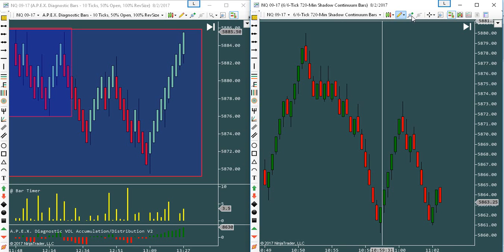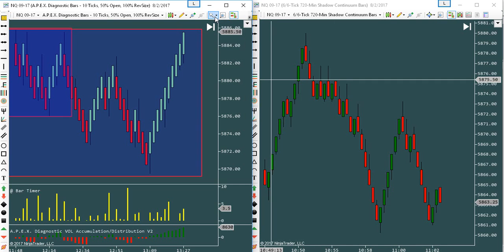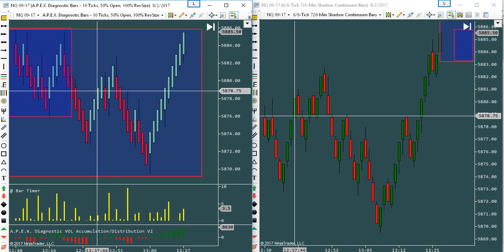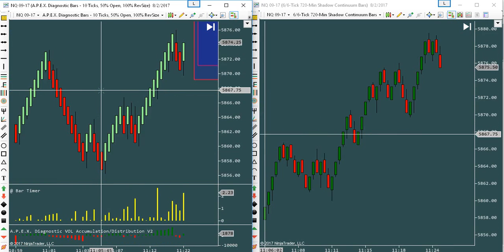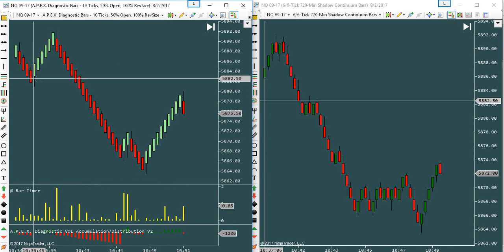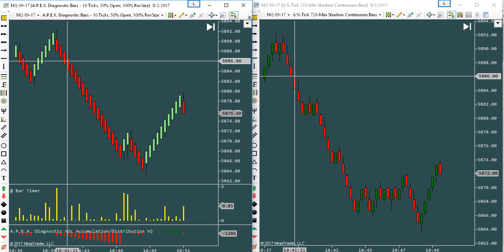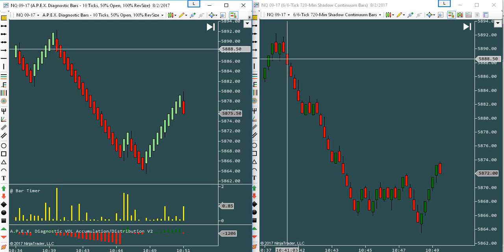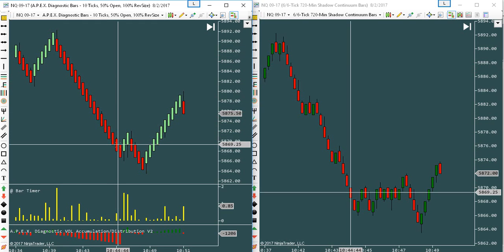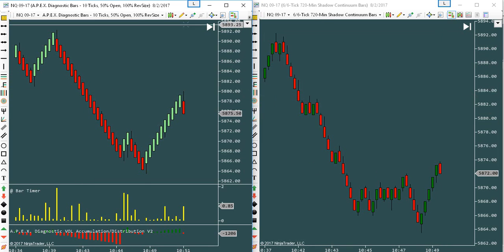So, let's just global it real quick here. 8-2 at 10:42. What was going on? Let's see here, right in here. Look at that. If you're looking at this chart on the left, you just see this big move down, don't you? But look at this bar right here.